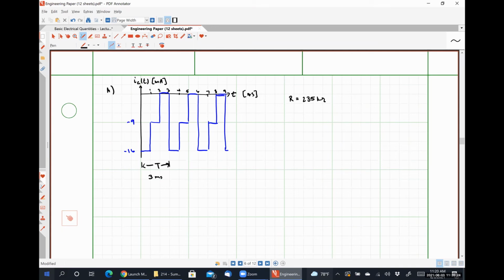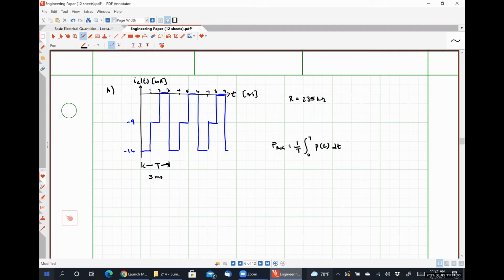So don't you need to find also the area during that period, so the integral? Yes and no. What I mean by that specifically, we know that the average power, P average, is 1 over T times the integral from 0 to T of the instantaneous value of the power, right?